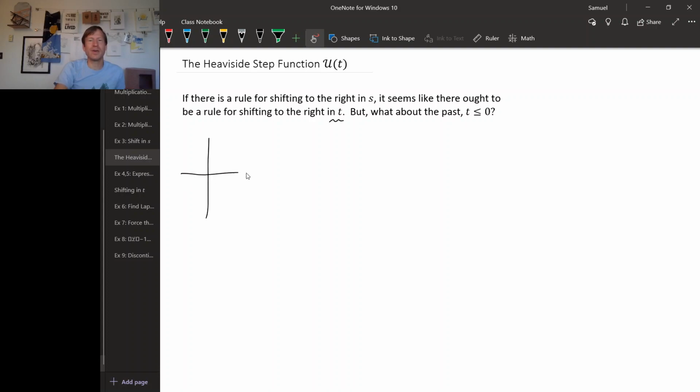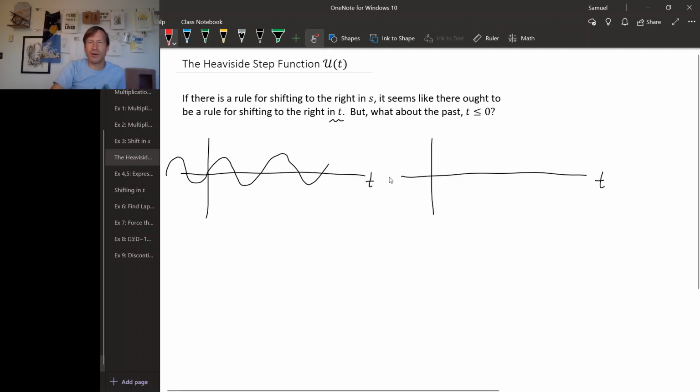So if we have two functions, say one that looks like sine, and another function, both in the t world, that is 0 up until t equals 0, and then it looks like sine.